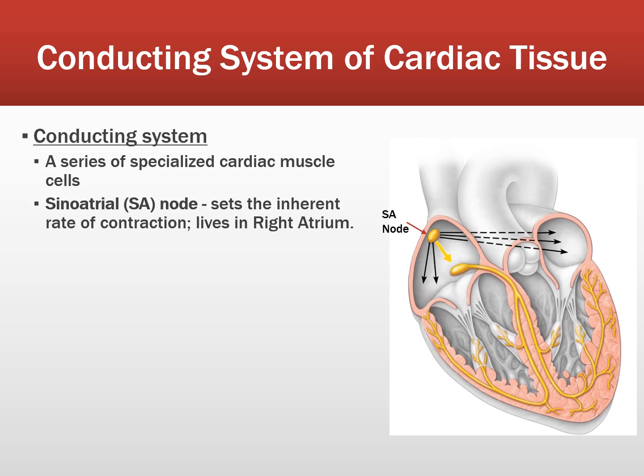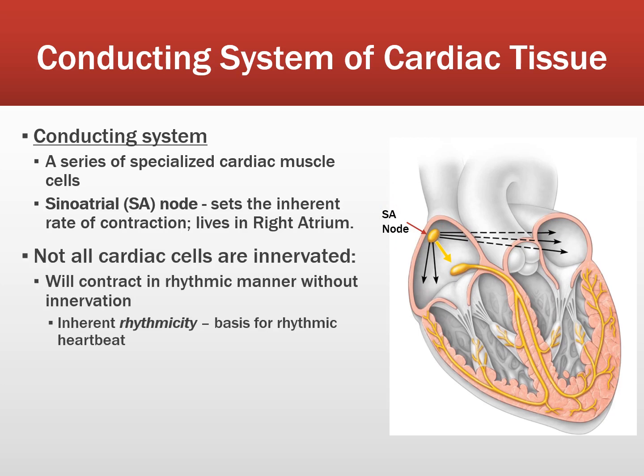The SA node sits up in the right atrium, right at the top, and it is the natural pacemaker of the heart. Not all of the cardiac cells are innervated, so they can all contract rhythmically without innervation. Some of them get stimulated, but all the other ones are just going to contract together.